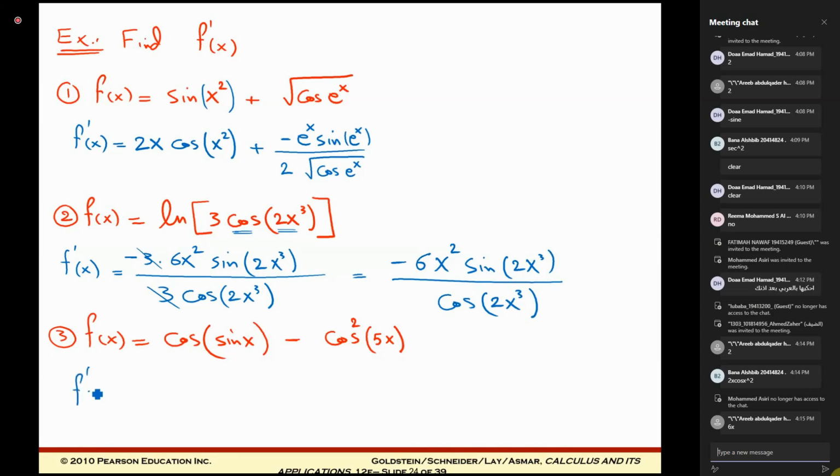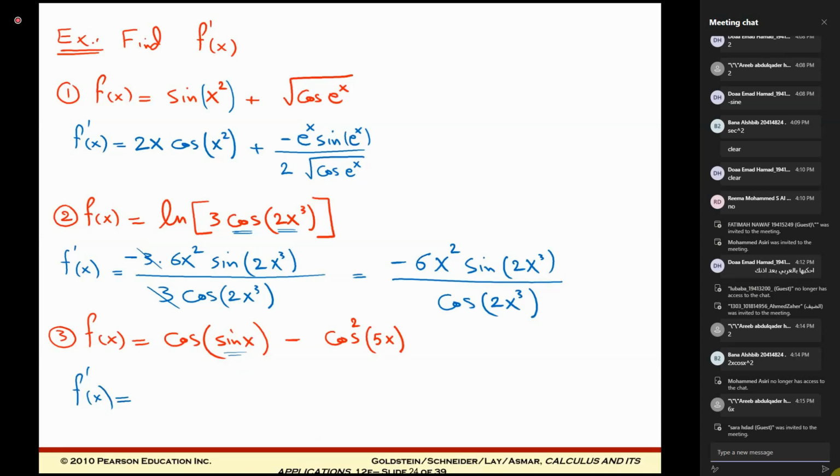The first derivative here in the third example, this is the angle cosine, and inside the cosine sine, so the derivative of cosine sine x, and we have the derivative of cosine negative sine, and put the same angle like this, minus this is square, this means cosine 5x all square like this. Okay, this means cosine 5x all to the power 2.